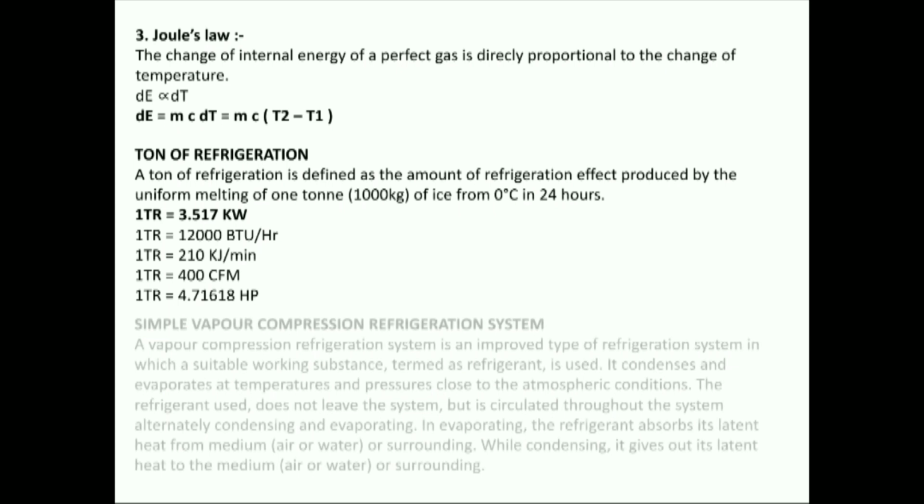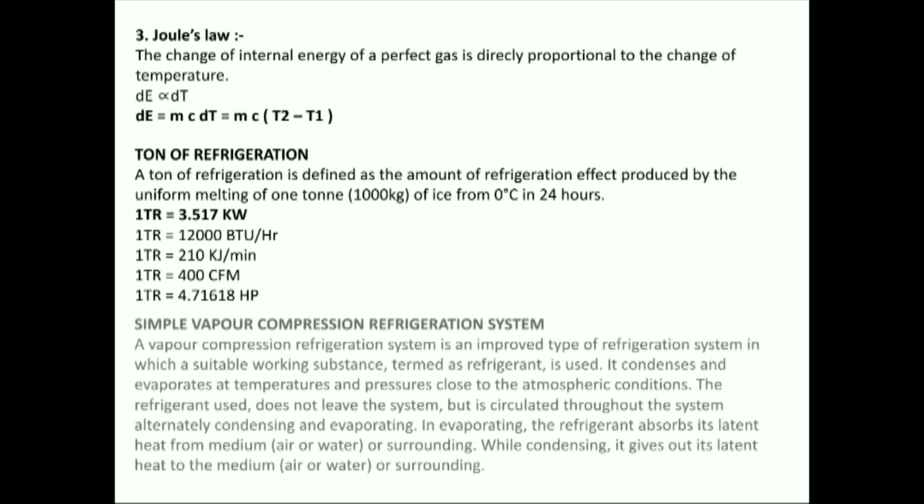Simple vapor compression refrigeration system. A vapor compression refrigeration system is an improved type of refrigeration system in which a suitable working substance, termed as refrigerant, is used. It condenses and evaporates at temperatures and pressures close to the atmospheric conditions.